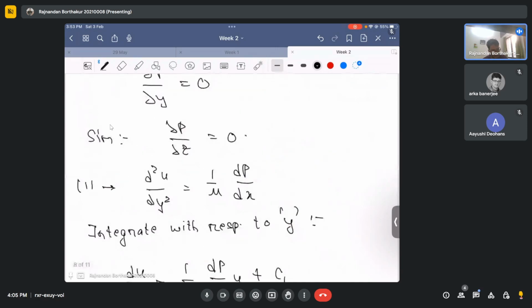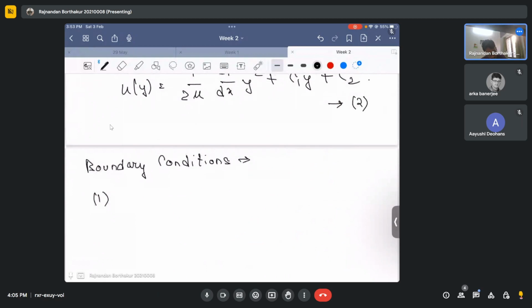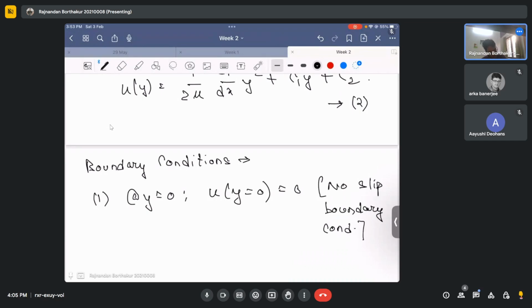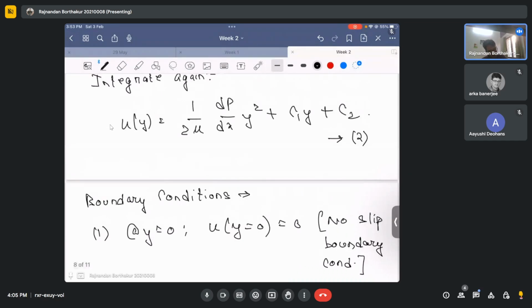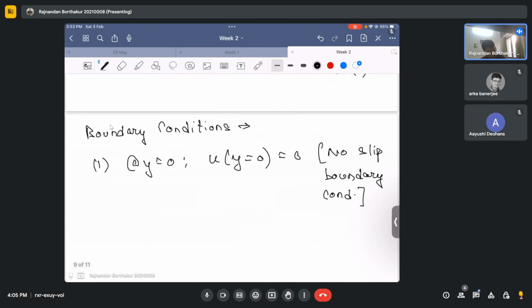So at y equals 0, u at y equals 0 is equal to 0, and this is due to the no slip boundary condition. If I put y equal to 0, this term would go to 0, this term would go to 0, and u is also 0 because of the no slip. So you can show that C2 eventually comes out to be equal to 0. This is the first boundary condition.